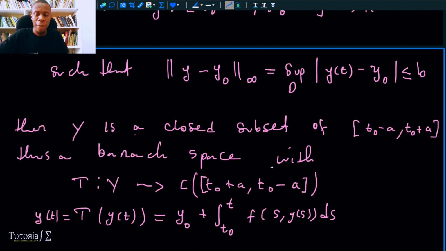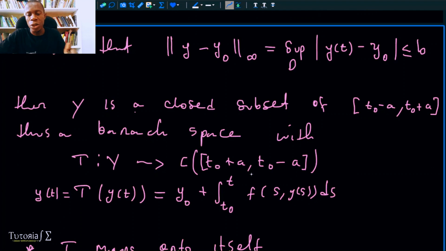We can define a transformation of capital Y onto itself as T(y)(t) equals y₀ plus the integral from t₀ to t of f(s, y(s)) ds. So we can do that.